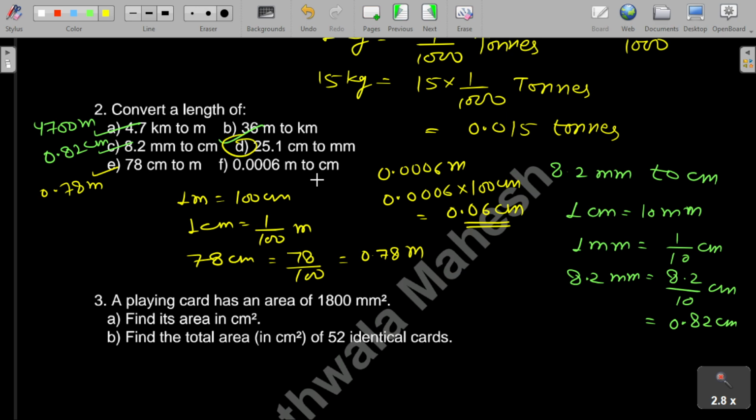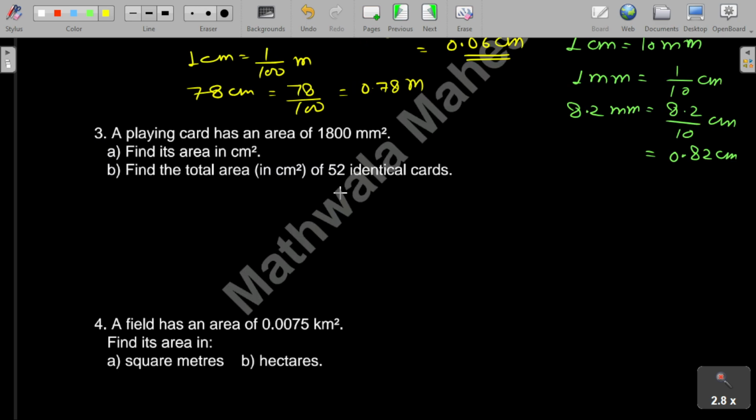Moving to next question. A playing card has an area of 1800 millimeter square. Find its area in centimeter square. 1 centimeter equal to 10 millimeter.